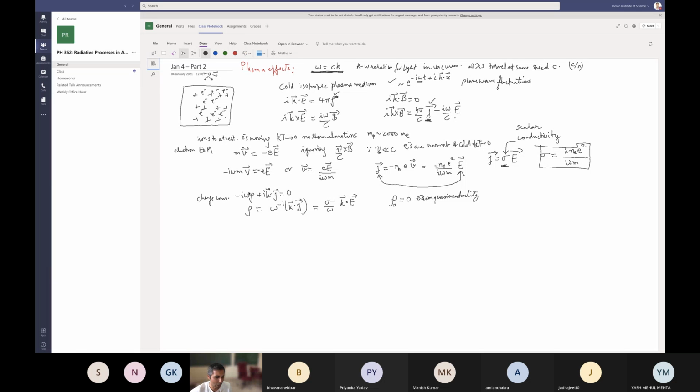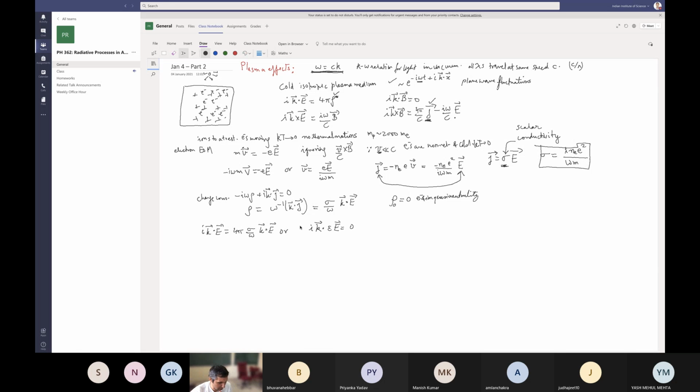So our equation becomes: I K dot E is equal to 4 pi rho, which is equal to 4 pi sigma by omega K dot E, or I K dot epsilon E is equal to 0, where we have introduced this epsilon.